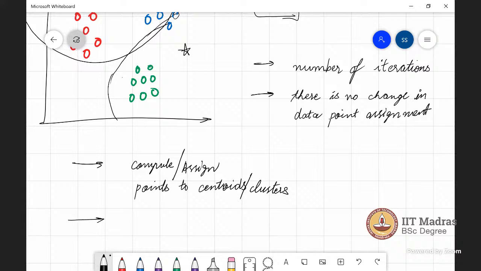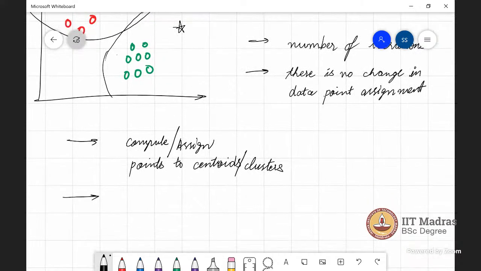And the second step of this iteration would be to recompute the centroids by taking means of the points belonging to that cluster. So this is your one iteration.